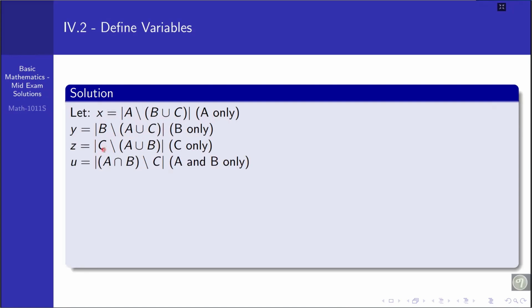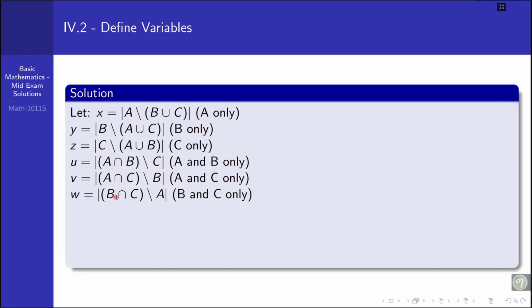And in the combination of these, let U be the number of cars that are administered in both A and B, that is A intersection B without C. The number of cars in A and C only is represented by the variable V, and the number of cars administered in B and C only is represented by the variable W. And T is the number of cars administered in 3 departments commonly, that is A intersection B intersection C, which is equal to 6. All the 3, that is A, B, and C.